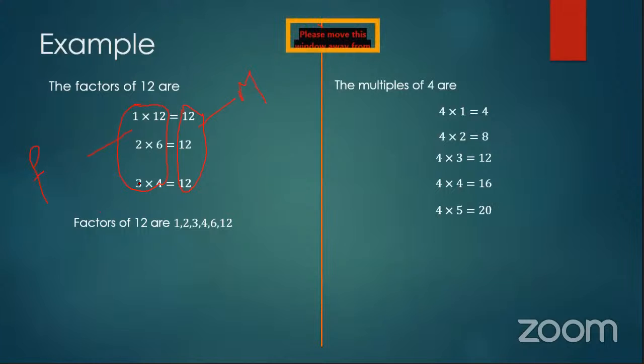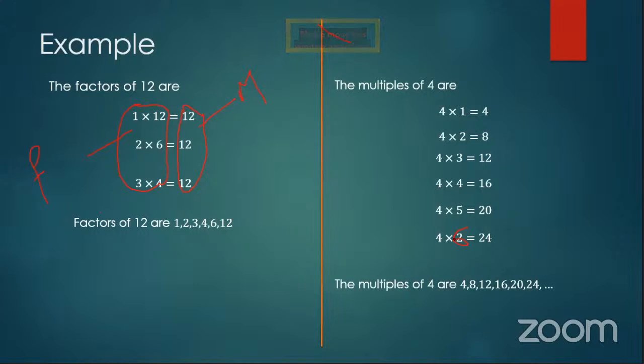Then 4 times 5, 20. I think this was supposed to be 4 times 6, 24. And therefore we can conclude and say that the multiples of 4 are 4, 8, 12, 16, 20, and 24. Okay.